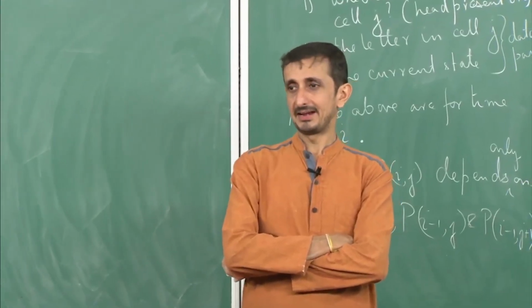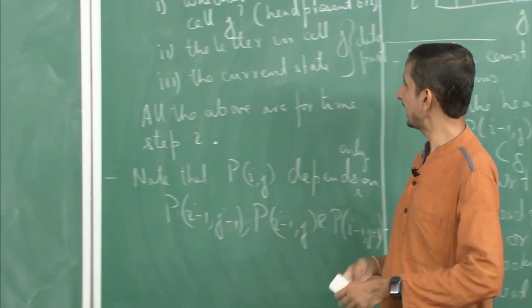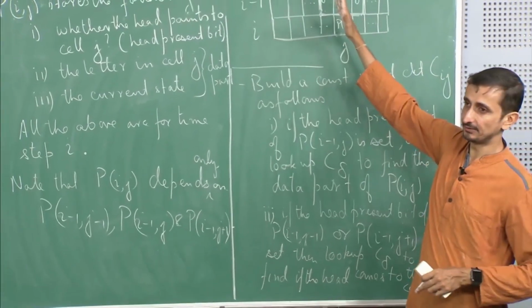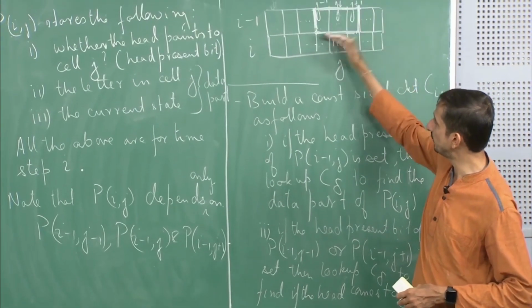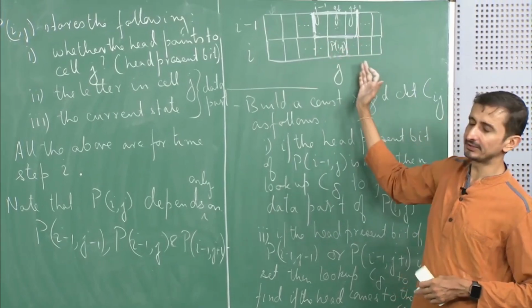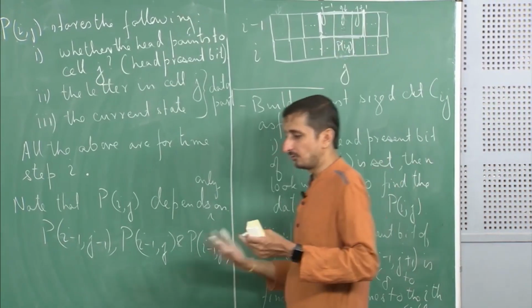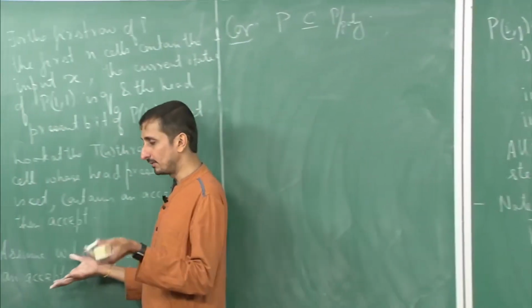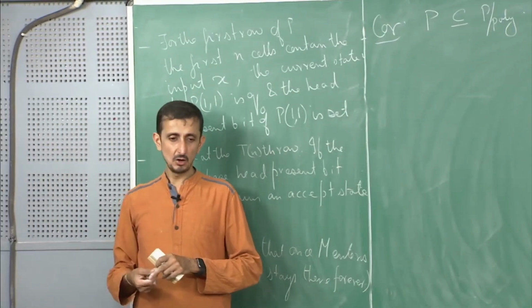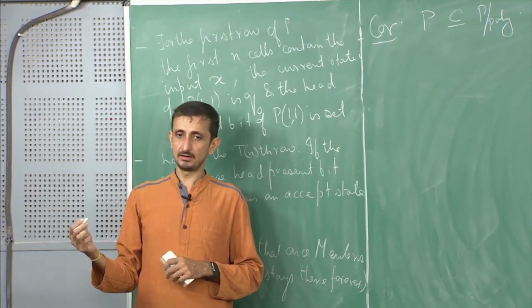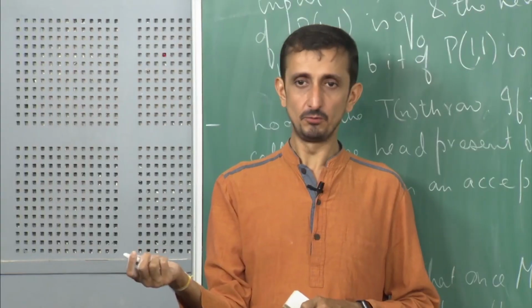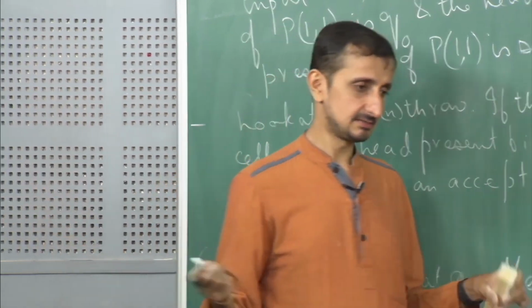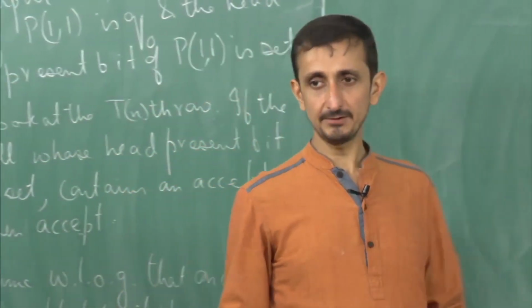That uses the fact that you do not have to store this entire thing, because from one cell you only go to these 3 neighboring cells. So, you can make the Turing machine into an oblivious Turing machine, which is a Turing machine whose head position does not depend on the input. For every input of a fixed length, the head position is the same at any time step j.